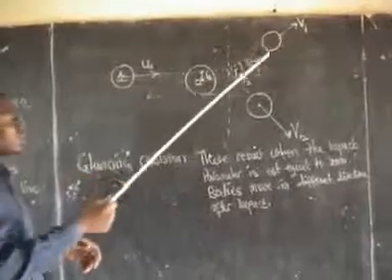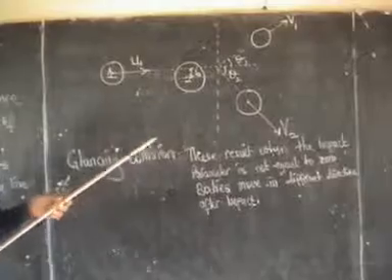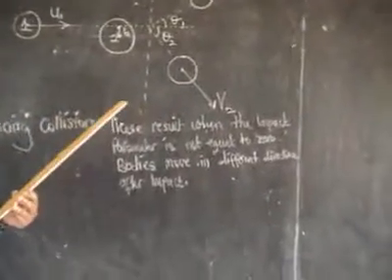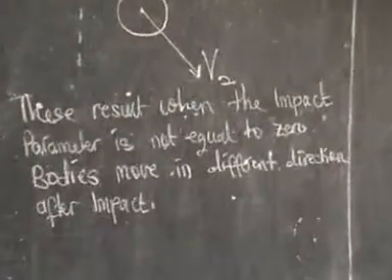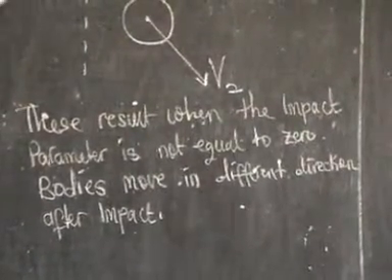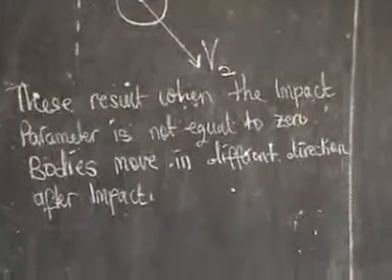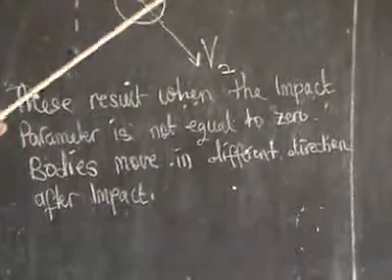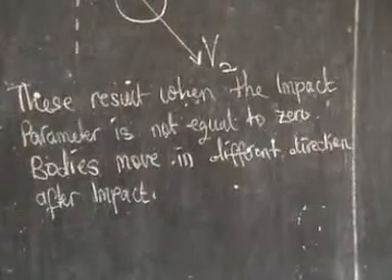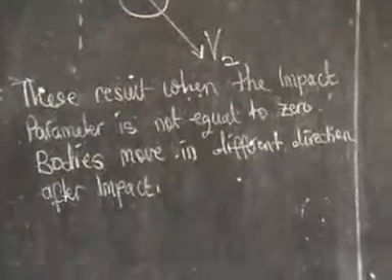And since bodies don't stick together, this kind of collision is going to be an inelastic collision. We shall be splitting the motion of these two bodies into two: looking at momentum conservation along the horizontal, and also momentum conservation along the vertical.